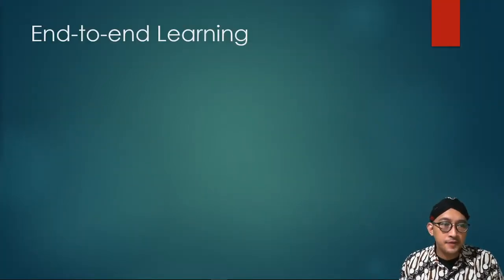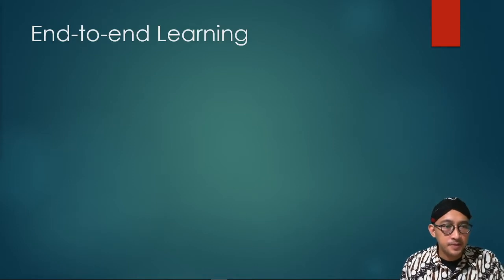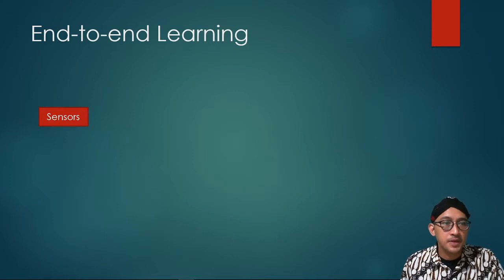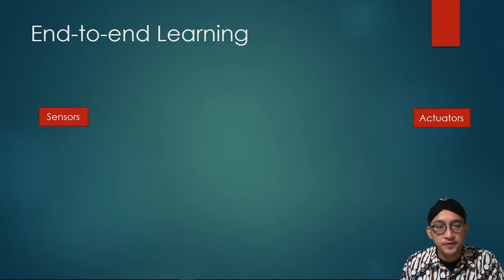In the case of autonomous robot, for example, usually we have a set of sensors like camera, lidars, gyroscope, accelerometer, etc., and actuators like set of motors.